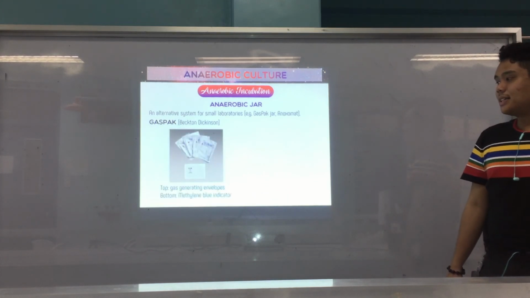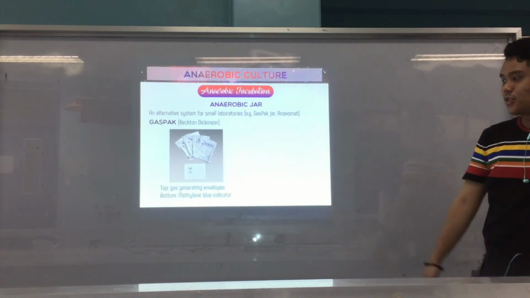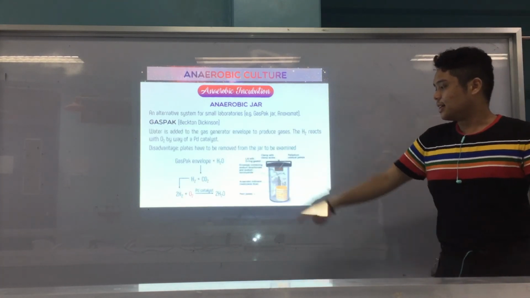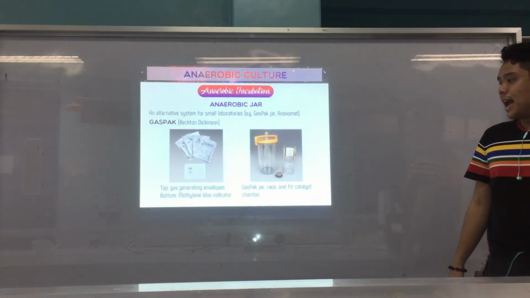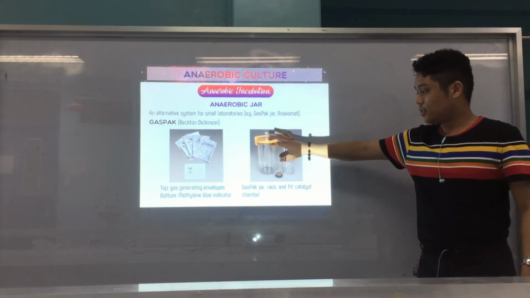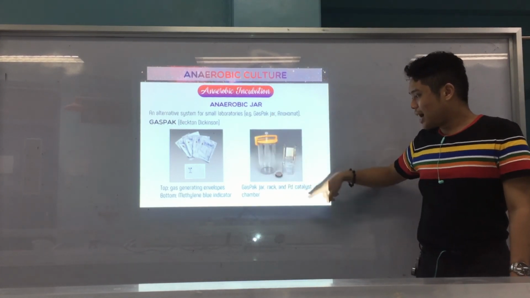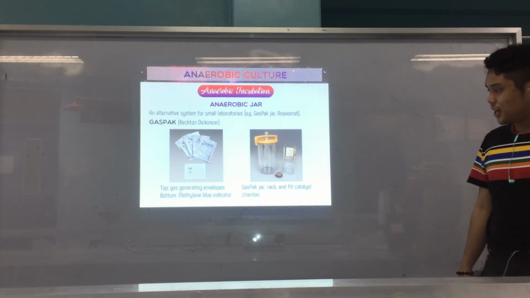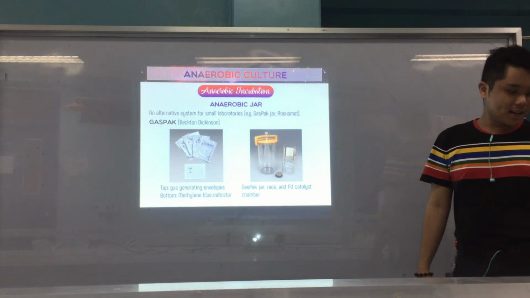And this is the gas generating envelope in the picture, and the methylene blue indicator. Then there is the jar itself, the rack, and the palladium catalyst chamber. Okay, all right. That's the gas pack jar.